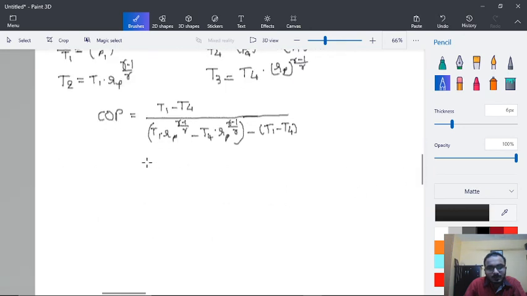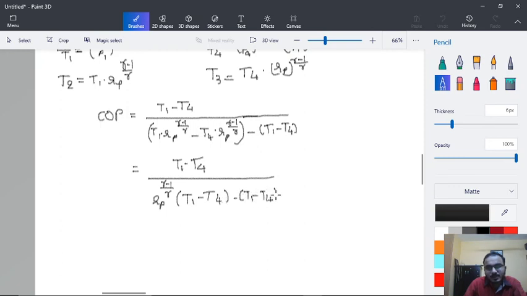So here it will be equal to (T1 minus T4) divided by Rp raised to gamma minus 1 over gamma into (T1 minus T4), minus (T1 minus T4).